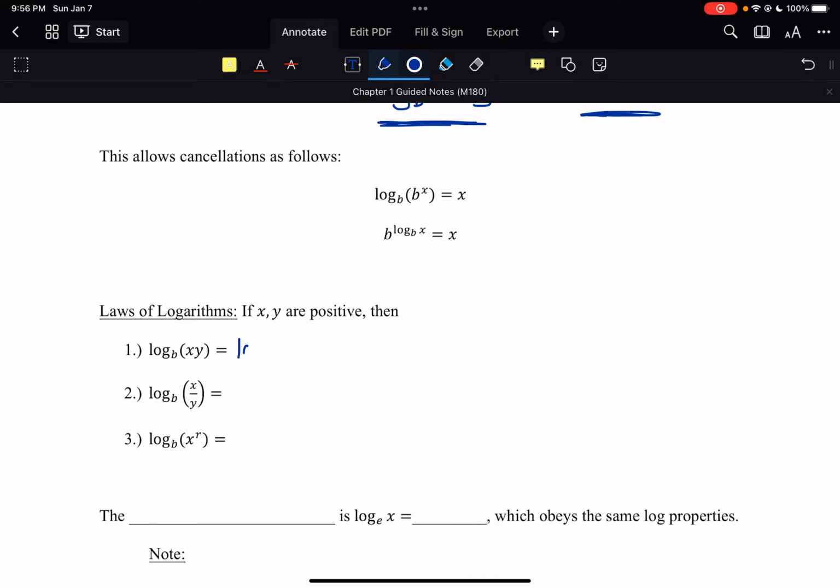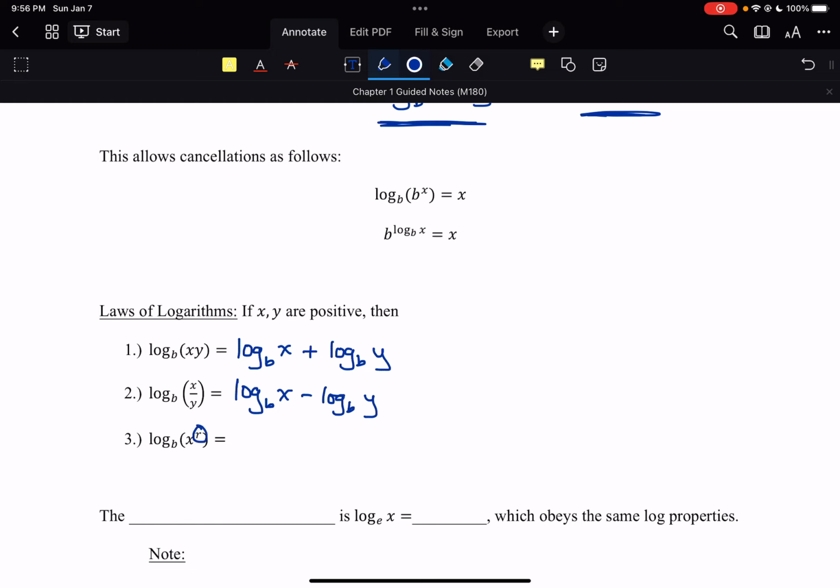This will become log base b of x plus log base b of y. And similarly, if you have log base b of x over y, remember the division before was related to subtraction. This will become log base b of x minus log base b of y.